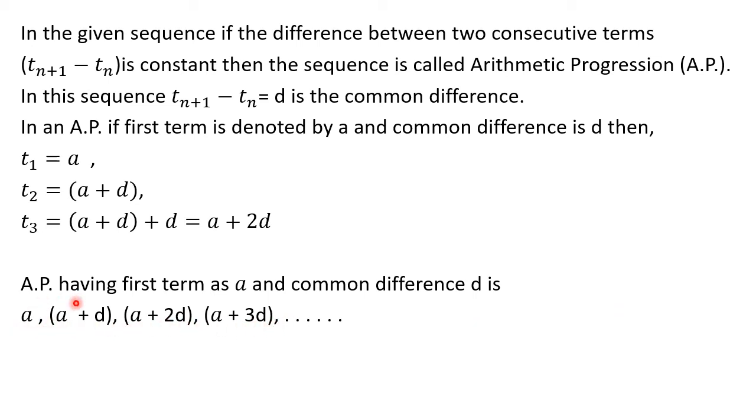The terms of AP are always written like this: A, A plus D, A plus 2D, A plus 3D and so on, where A is called as the first term and D is the common difference. The difference between two consecutive terms is constant, which is called as common difference.